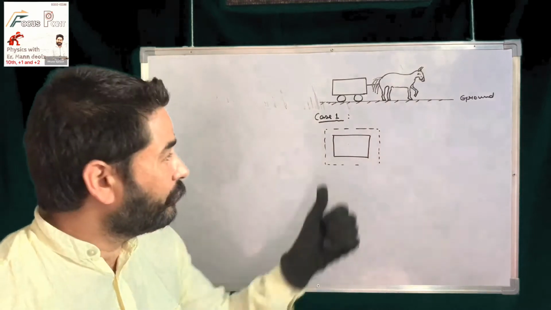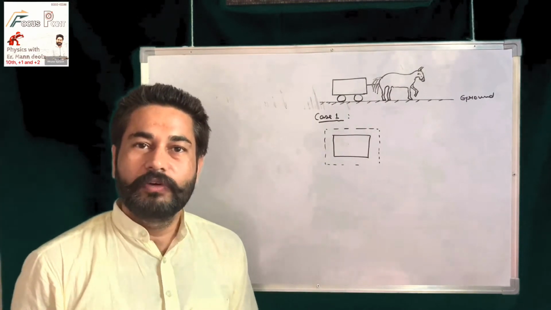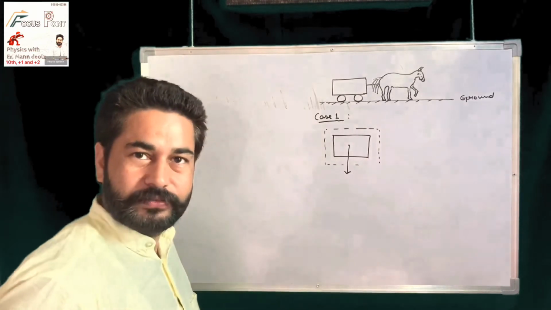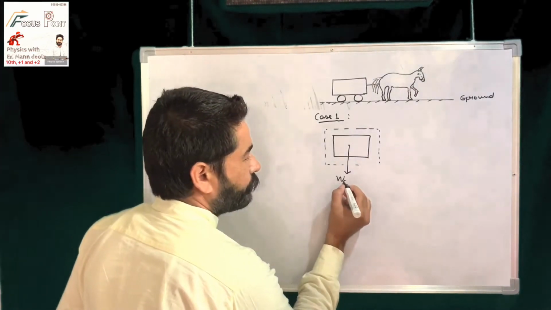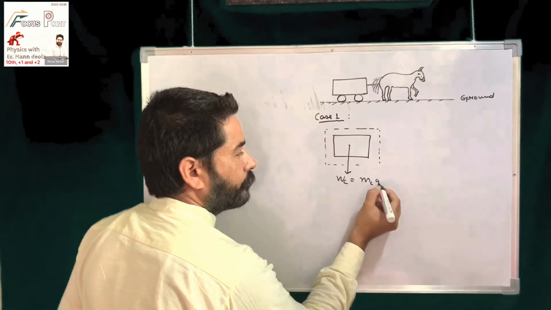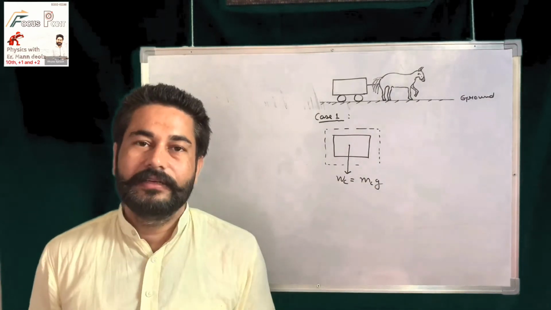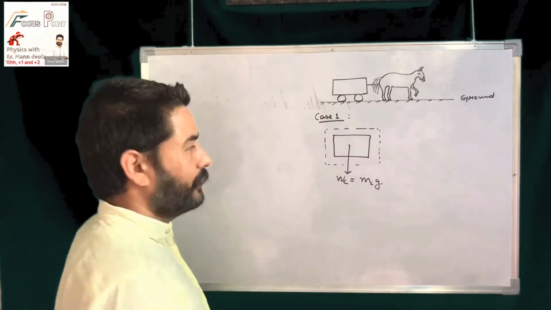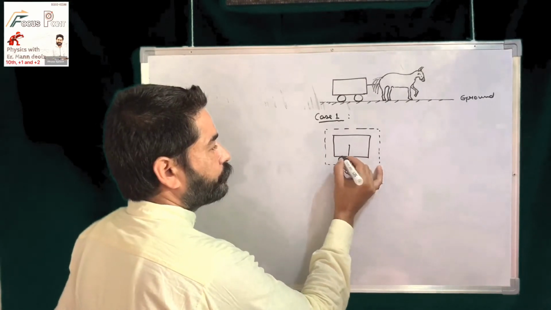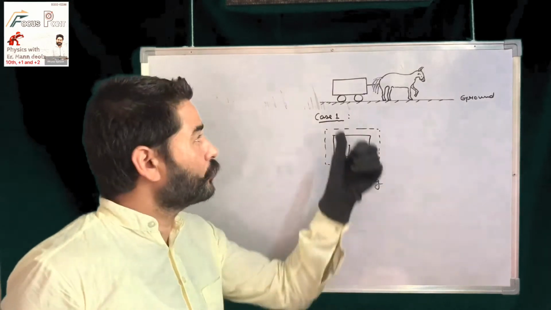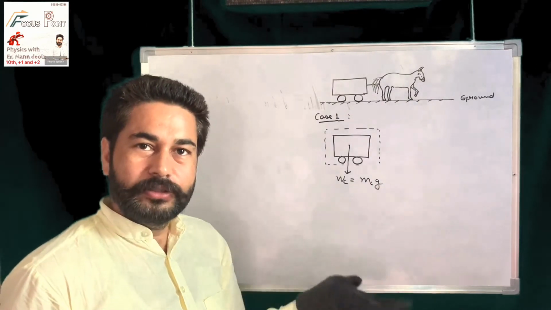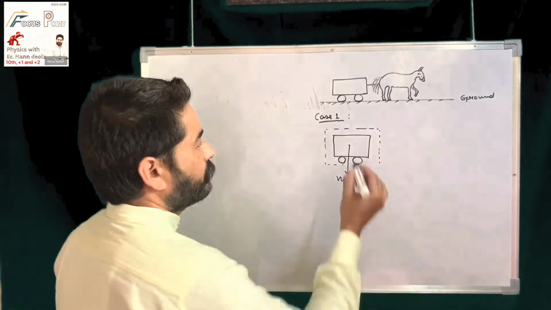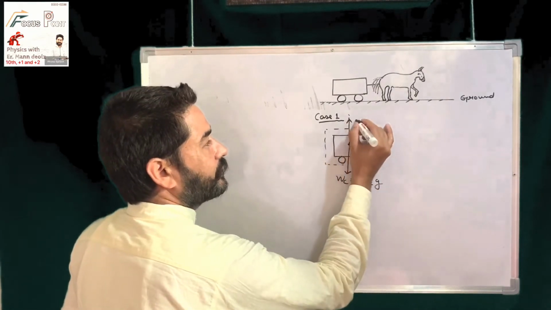Now tell me how many forces are acting on this cart. One will be in the downward direction, that is the weight of the cart. Weight of the cart will be mass of the cart into g, acceleration due to gravity. And in response to this weight, the ground will also exert an upward force on the cart, that is known as reaction.